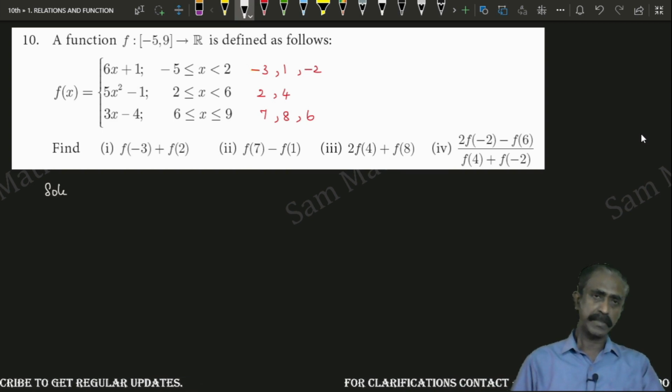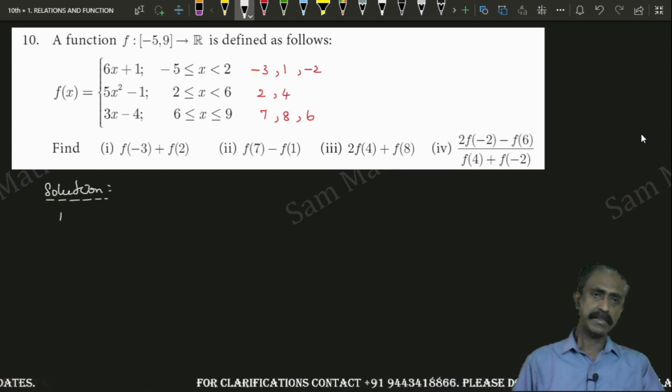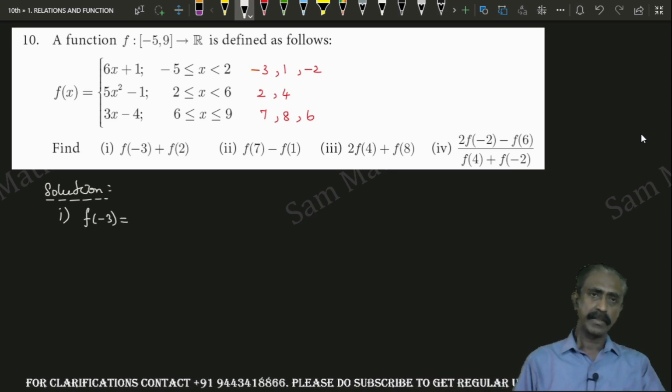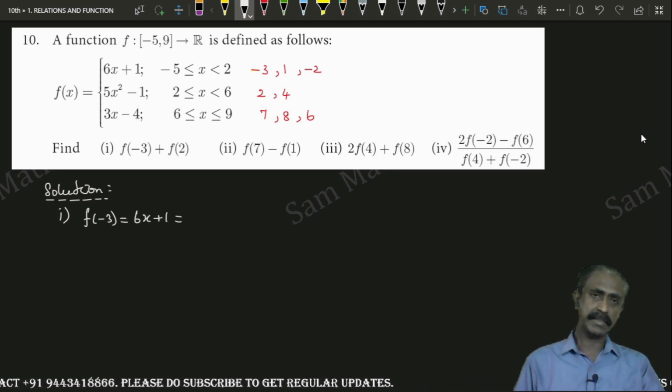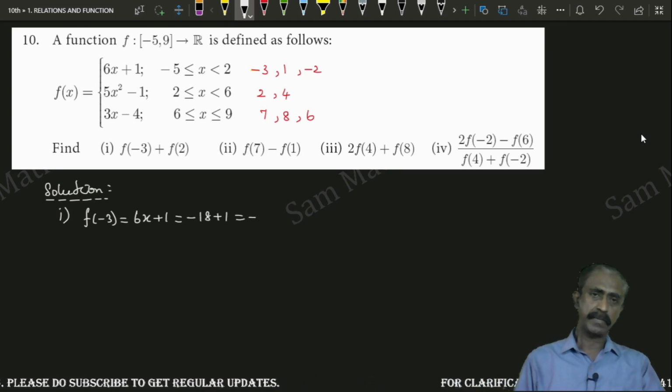Now the solution. First subdivision, f of minus 3, that is equal to 6x plus 1, that is 6 into minus 3 is minus 18 plus 1 equal to minus 17.